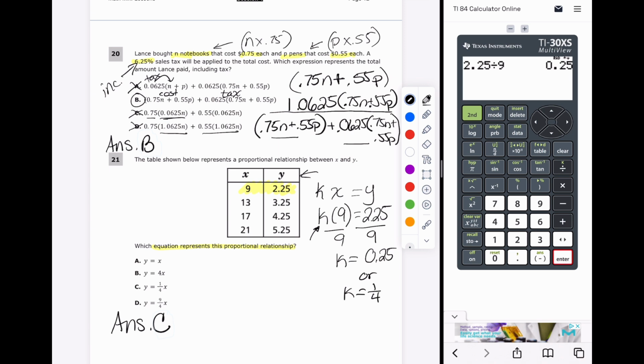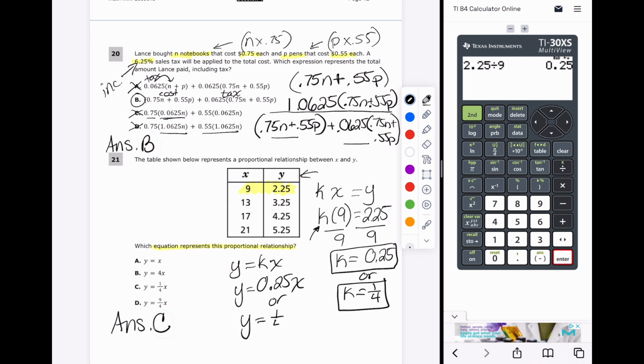So in my equation kx equals y, or if I see the other way, they have y first, y equals kx. I know what k is in my scenario, so y is equal to 0.25x or y is equal to 1/4 x, which gives you that here. So that's one way that you can solve this.